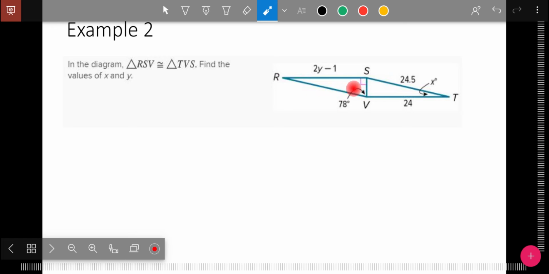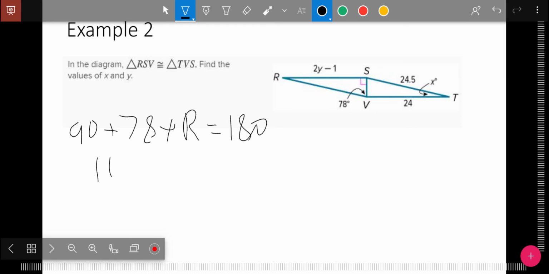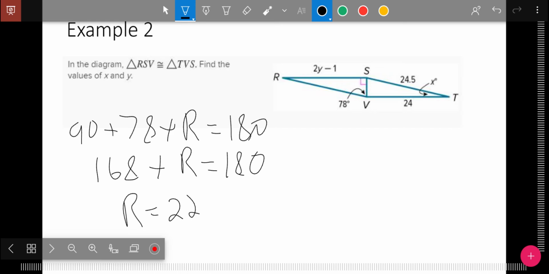Well, I know a triangle is 180, so I have 90 plus 78 plus angle R equals 180. That's 168 plus angle R equals 180. And so angle R is 22. If angle R is 22 and R is whatever T is, then I can say X equals 22.